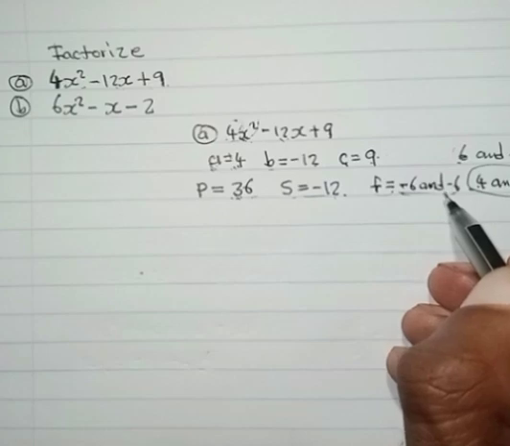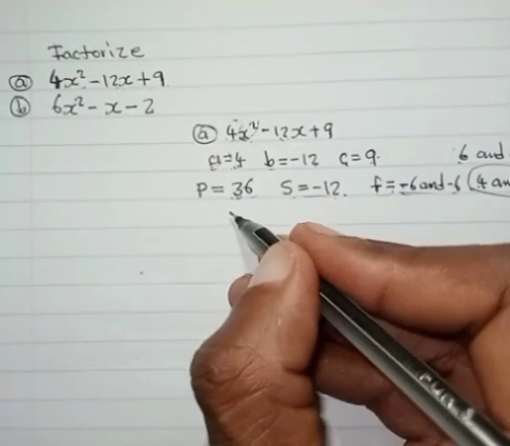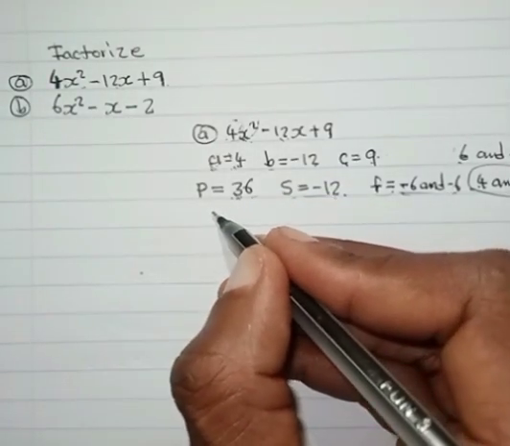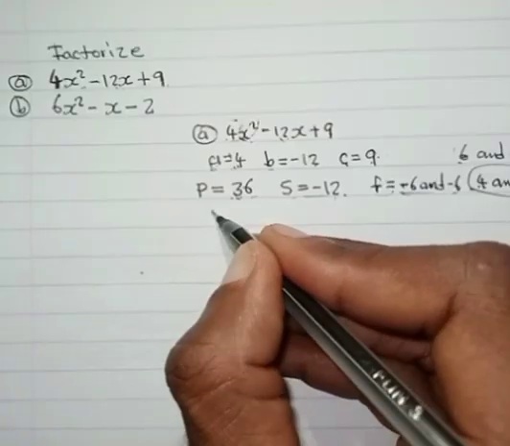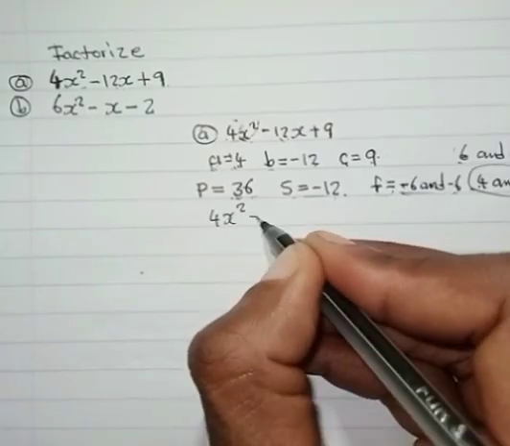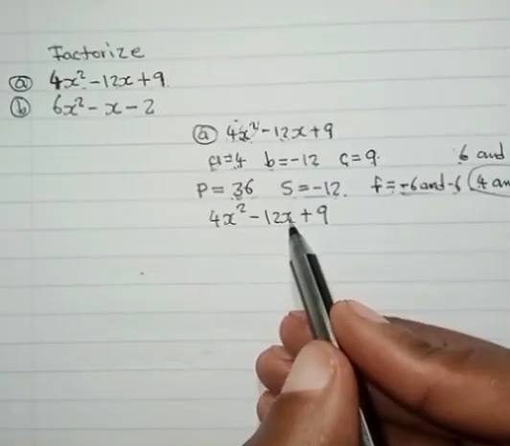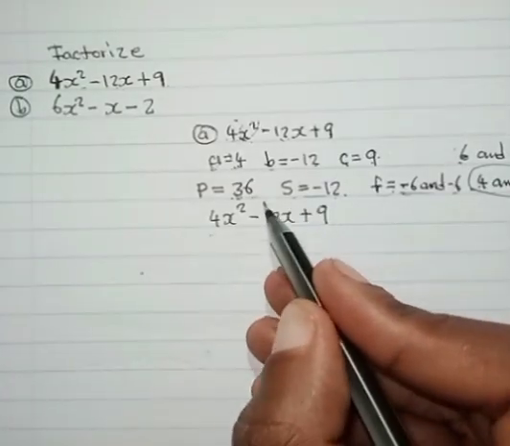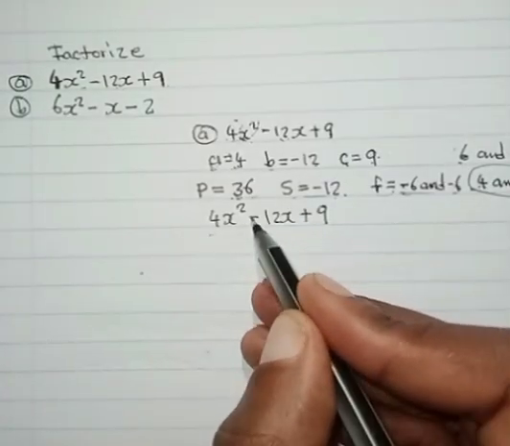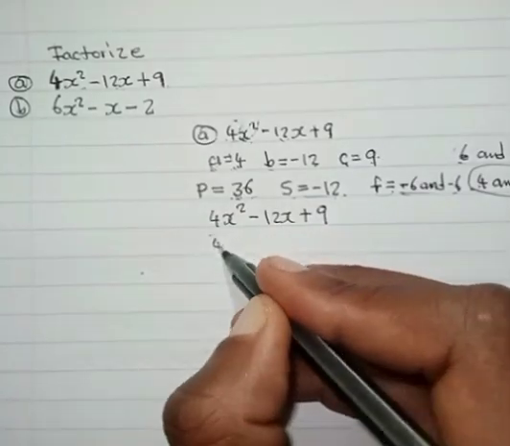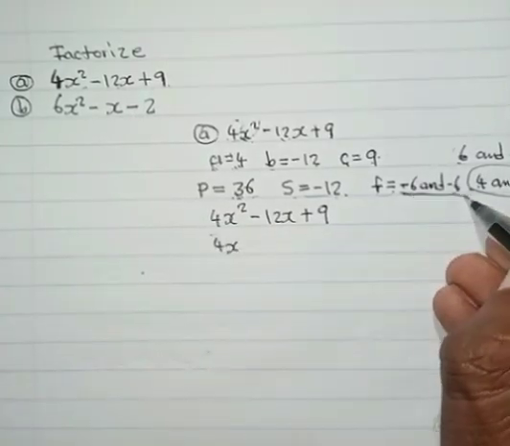Once you get your factors, you just have to get the expression. So we have 4x squared minus 12x plus 9. Now, on this expression, just remove this whole term together with the sign. When we remove it, we replace it with these factors.